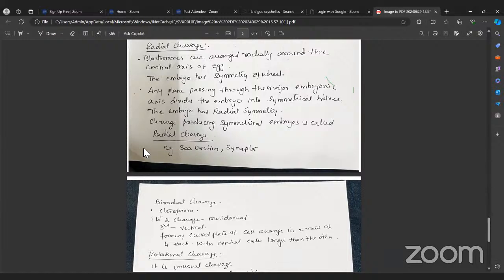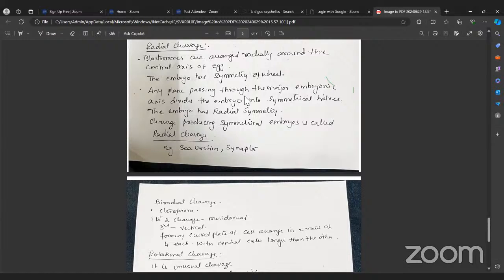I repeat this part once again. Radial cleavage is the cleavage which passes through or divides the egg into two symmetrical halves where the cells are radially arranged. The arrangement of the cells in the morula is radial, and it gives rise to radial symmetry when the horizontal cleavage is given. Now, examples are sea urchin and synapta.